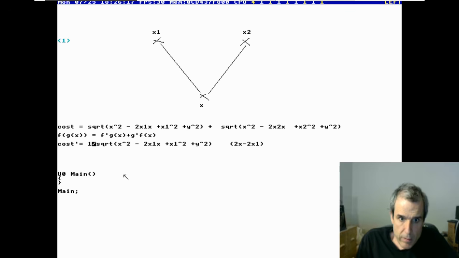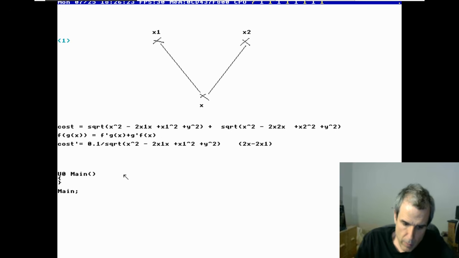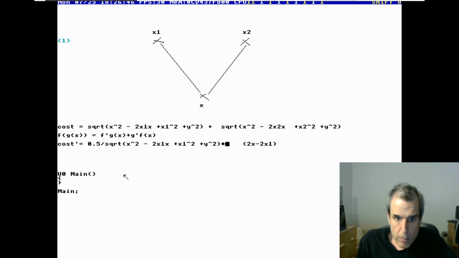Okay, the derivative we take to the 1/2. So we say 0.5, multiplied by, that's the derivative. Oh, crap. That's f prime.